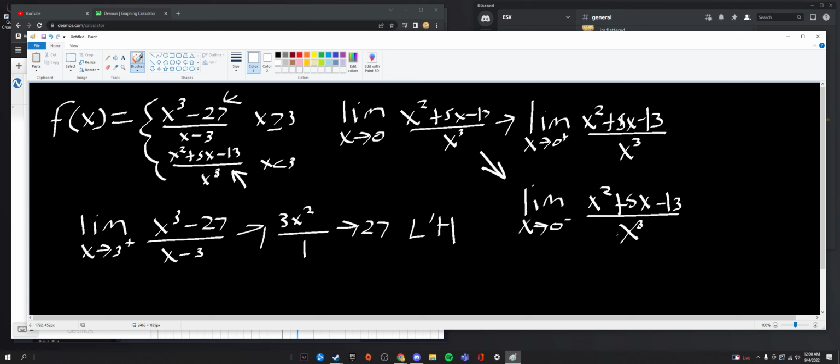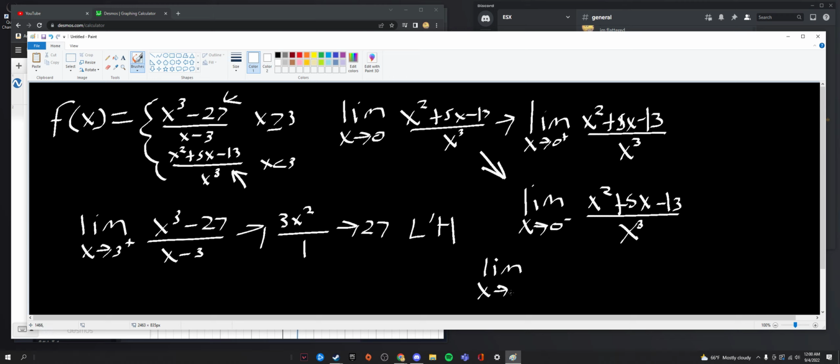Now, what happens? Well, regardless, you plug in 0, you're still dividing by 0. We know that the top will just be negative 13, but that's not exactly helping us. Well, it sort of helps us. Essentially, because the other terms in the numerator just go away when you multiply by 0, we can instead take this as 2 limits.